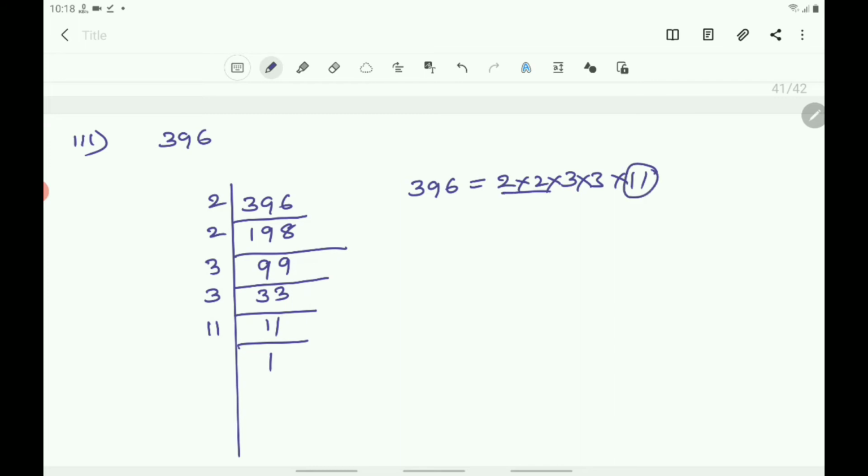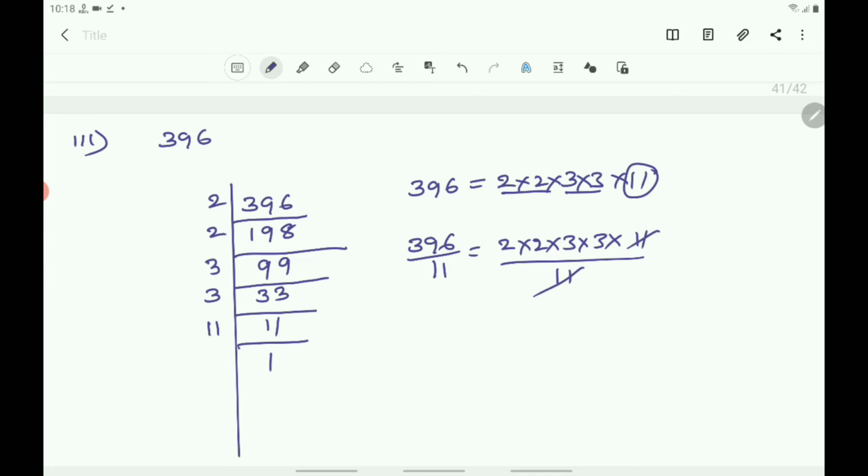Here pair of 2 is there, pair of 3 is there, but 11 is single, so you must divide the given number by 11. So you divide 396 by 11, that equals 2 into 2 into 3 into 3 into 11 by 11. Here 11 11 cancels.